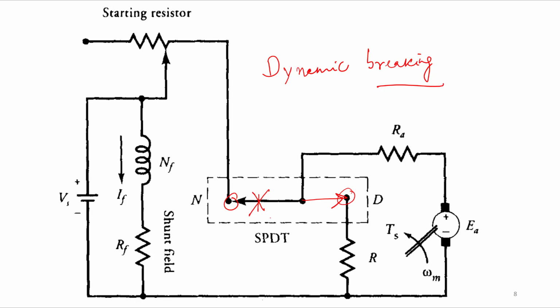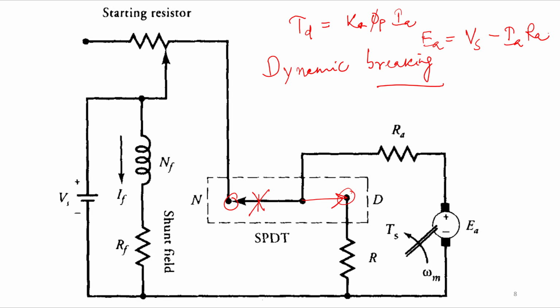In the normal condition, your torque is K phi IA, right? Now your EA is Vs minus IA RA, right?